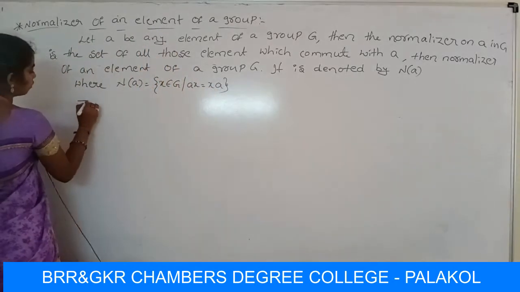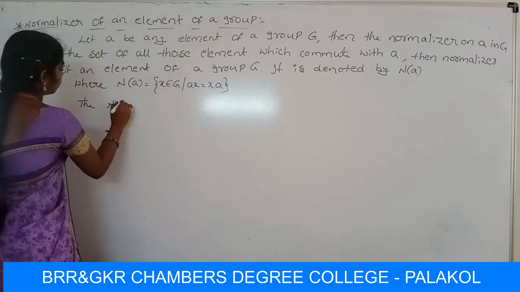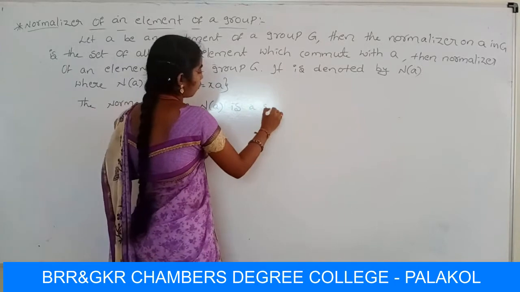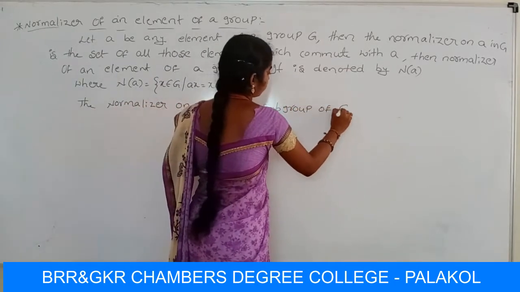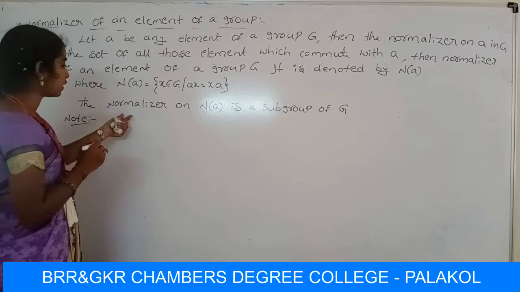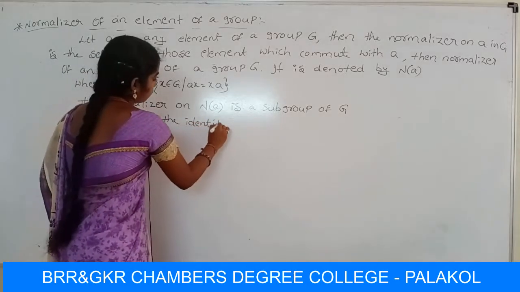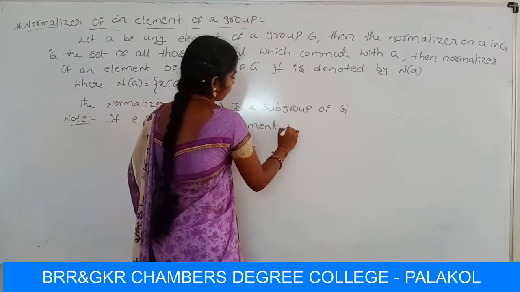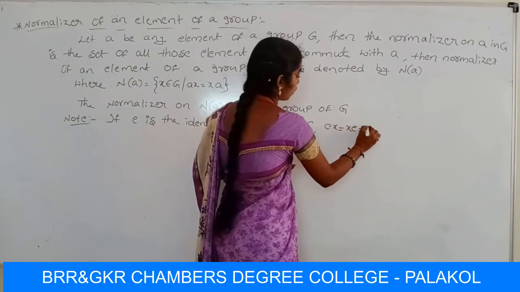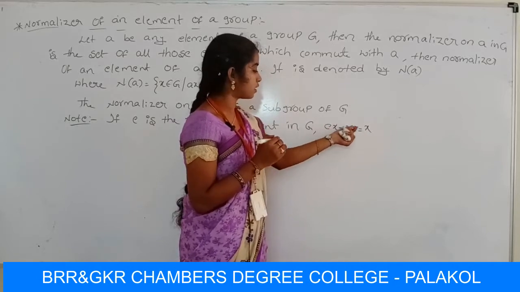So the normalizer of an element A is a subgroup of Z. By the known theorem, the normalizer n of A is a subgroup of Z. So note, if e is the identity element in Z, then ex equal to xe equal to x, since Z is a group and the identity exists.